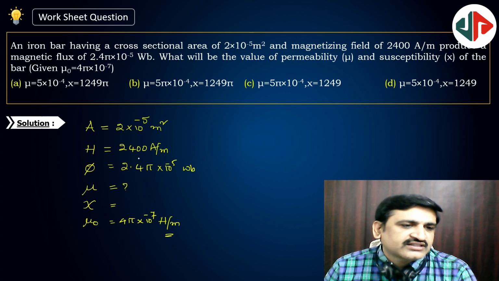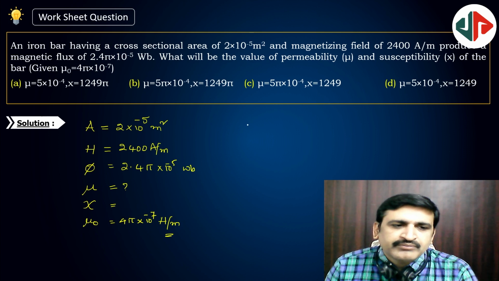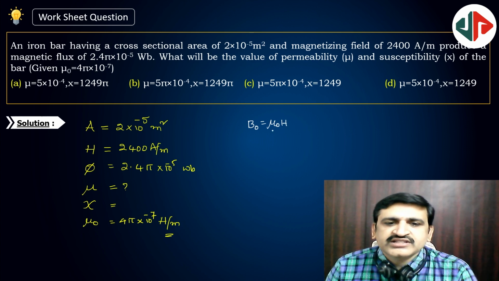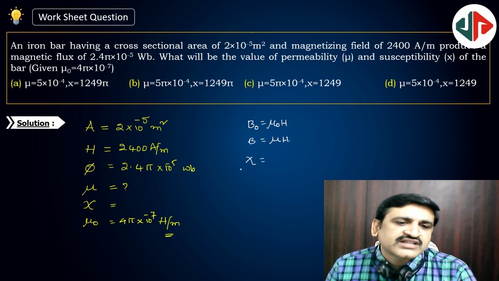H is given, and B naught. We will write all the possible formulas so that you can select whatever you want. B naught is equal to mu naught H. B is equal to mu H. Mu r is equal to 1 plus chi, so 1 plus chi is equal to mu r.